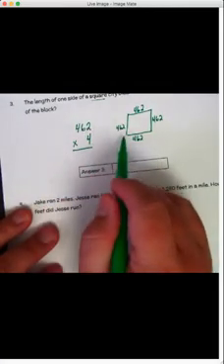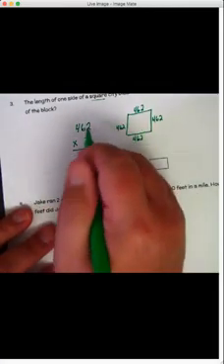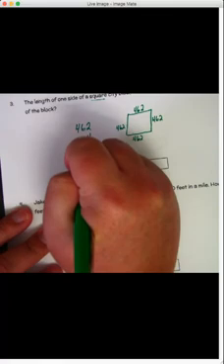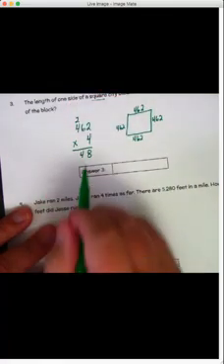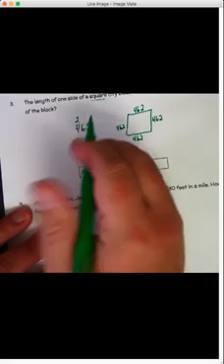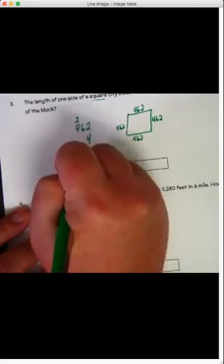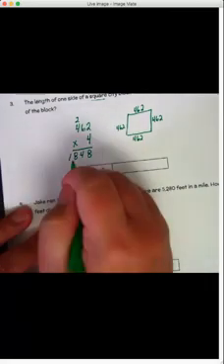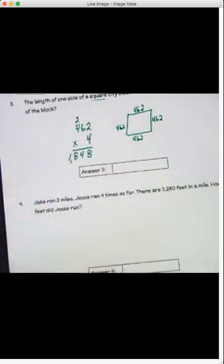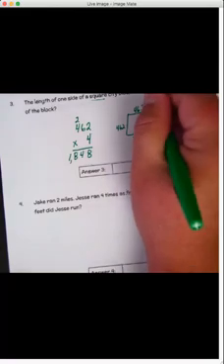So let's multiply 462 times the 4 sides. 4 times 2 is 8. 4 times 6 is 24. Put our 4 down and put our 2 up here. 4 times 4 is 16. Plus 2 is 18. So the perimeter of that square city block is 1,848 meters.